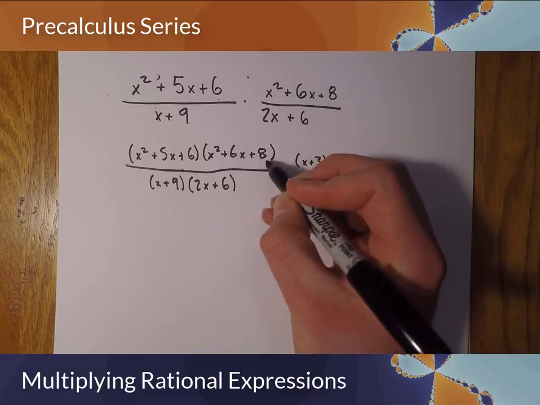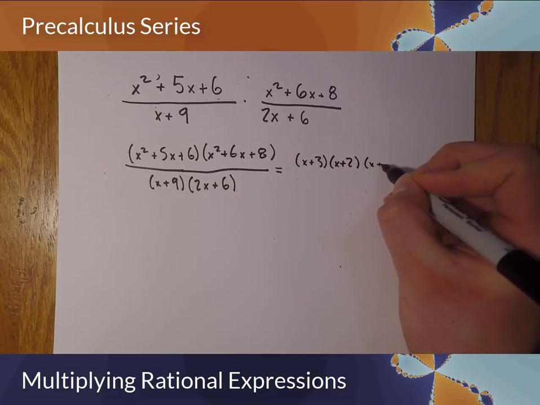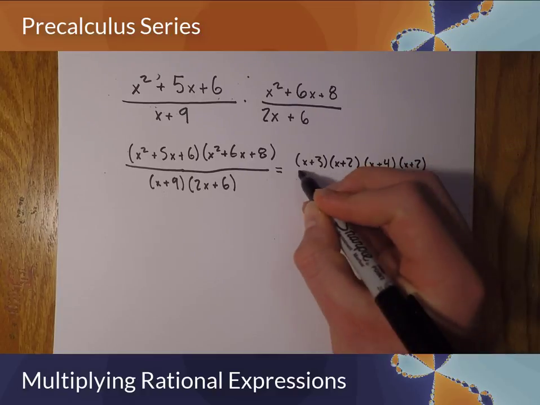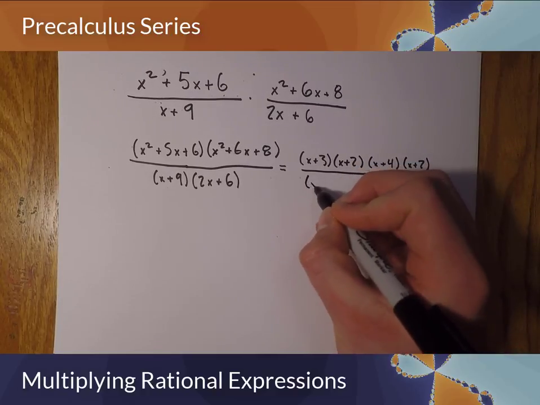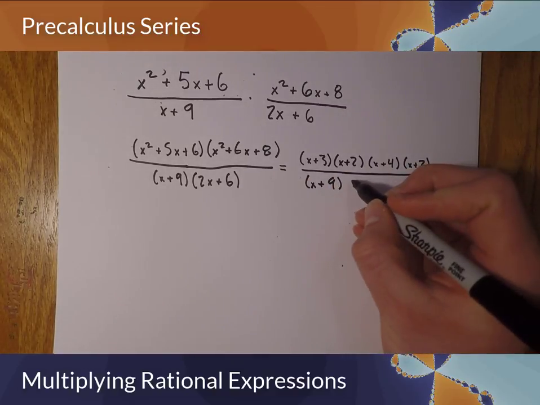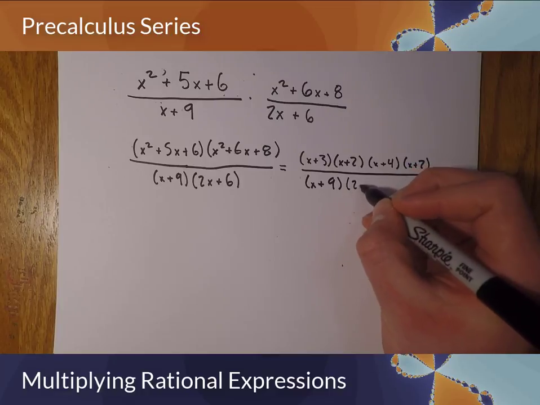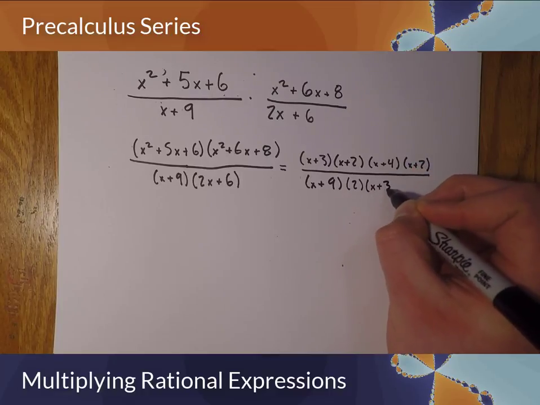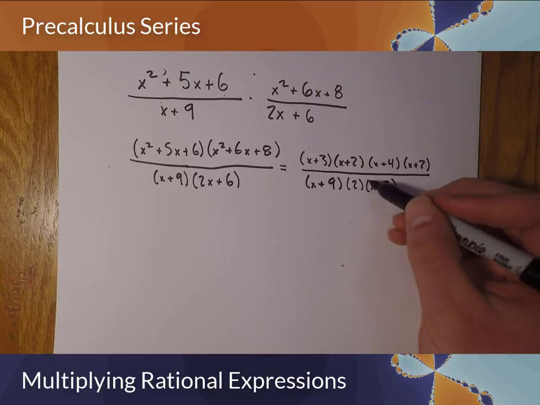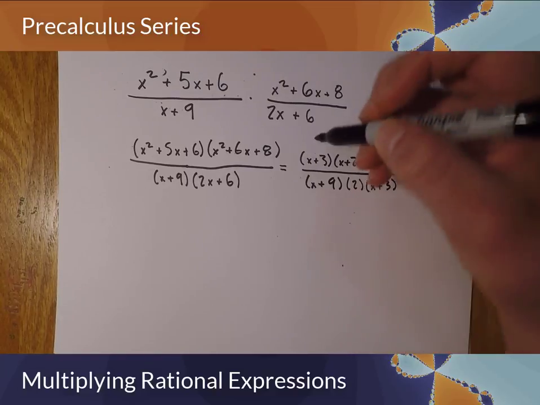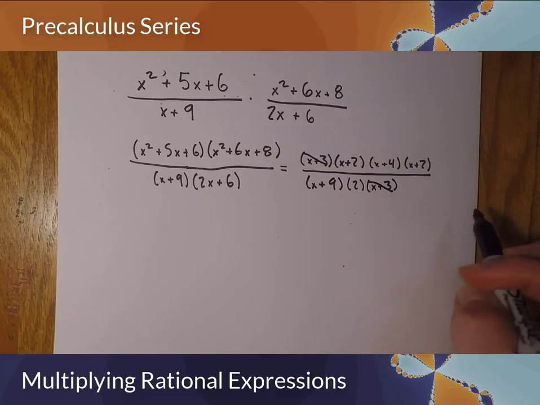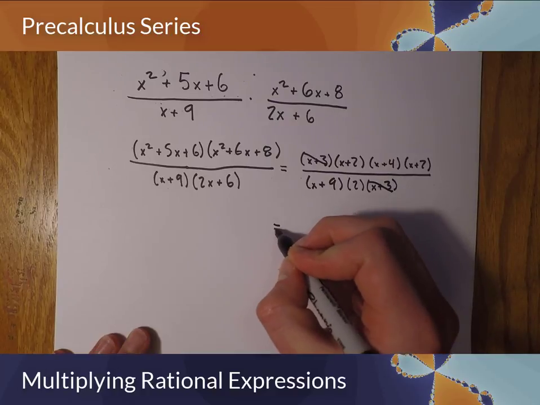And x squared plus 6x plus 8 factors into (x plus 4) times (x plus 2), over x plus 9, and then times, this 2x plus 6 can be split up a little bit further, and it can be denoted as 2 times (x plus 3). So now what we've got to do is just cancel out any like terms, and now we can expand to get our final answer.